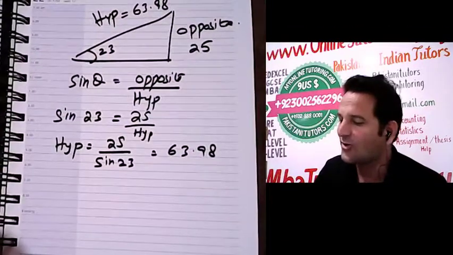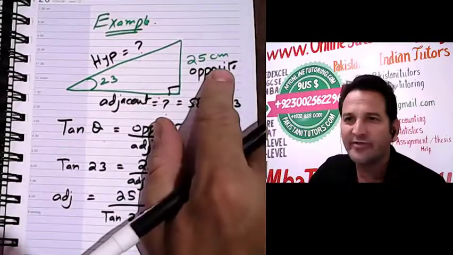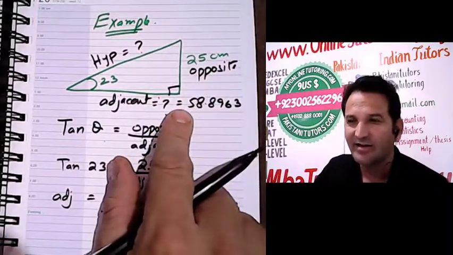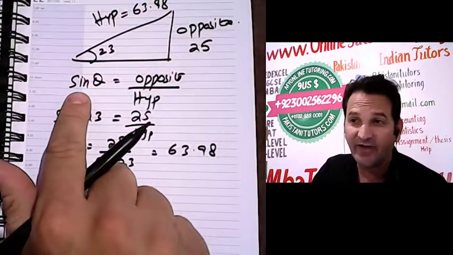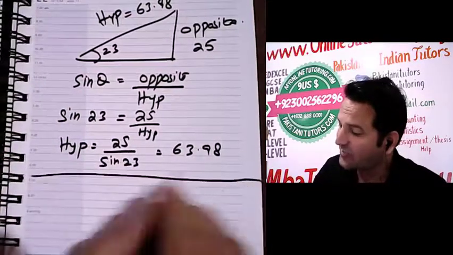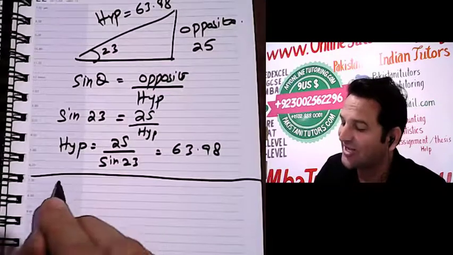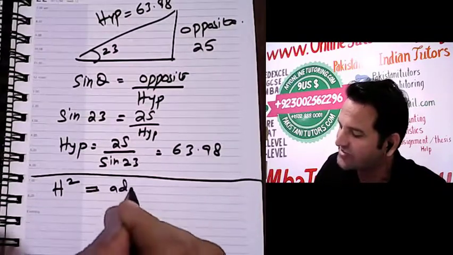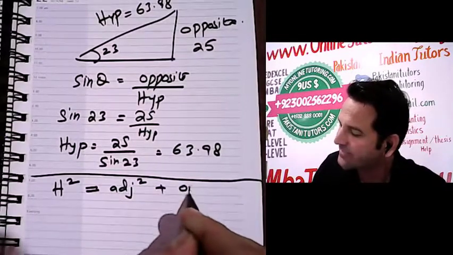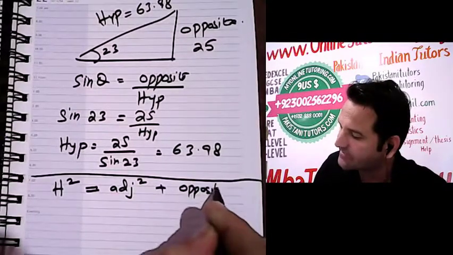How? Look at this. We have the opposite side, we have the adjacent side, and we want to find out the hypotenuse, and we don't want to use the sine function. We have another way of using the Pythagoras theorem, which says h square equals adjacent square plus opposite square.